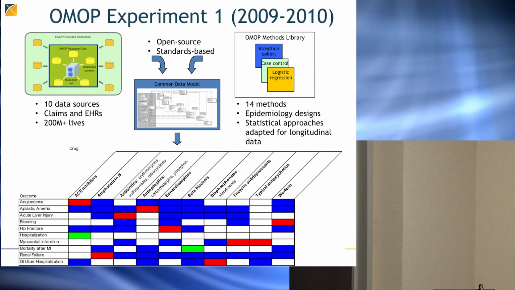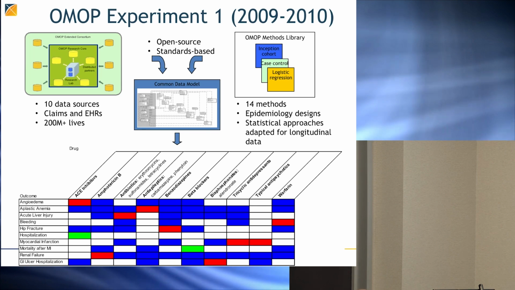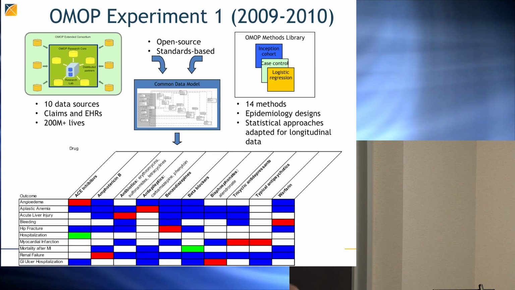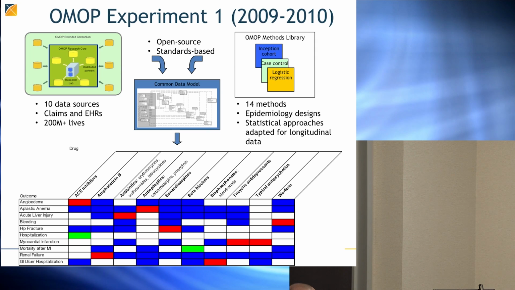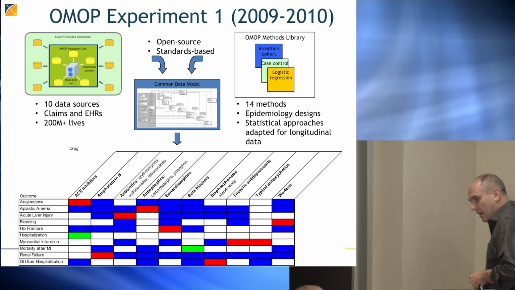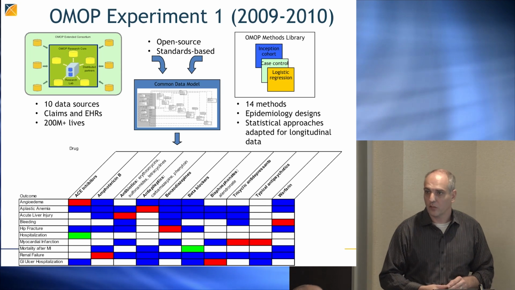So the common data model was born, and since these controls all rely on precise definition of what these things are, the common data model had to standardize the coding. So the standardized vocabularies were born. There was no committee who said we need this common data model, we need a common vocabulary. It just popped up out of necessity because otherwise we couldn't have run the experiment.